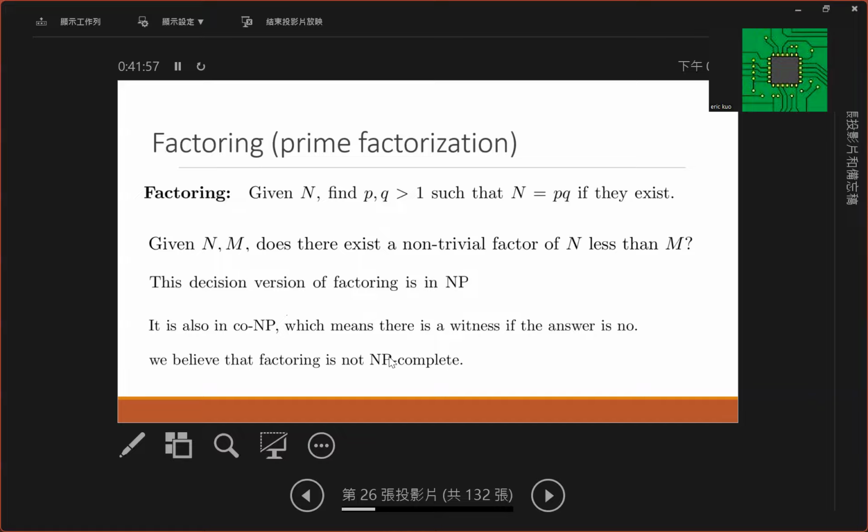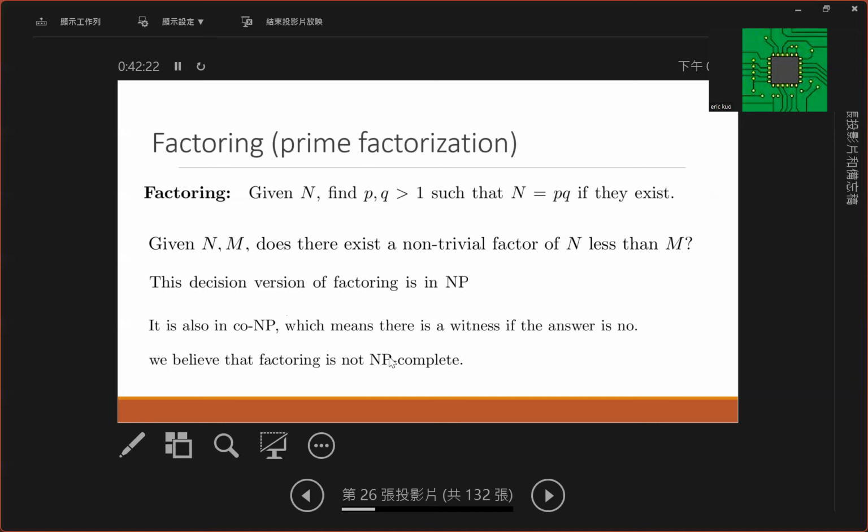And why is this in co-NP? Because if the answer is no, we already know that every positive integer has a prime factorization. So this prime factorization will be a certificate. You just check whether there exists a prime. You can easily check it, you just look at this prime factorization.